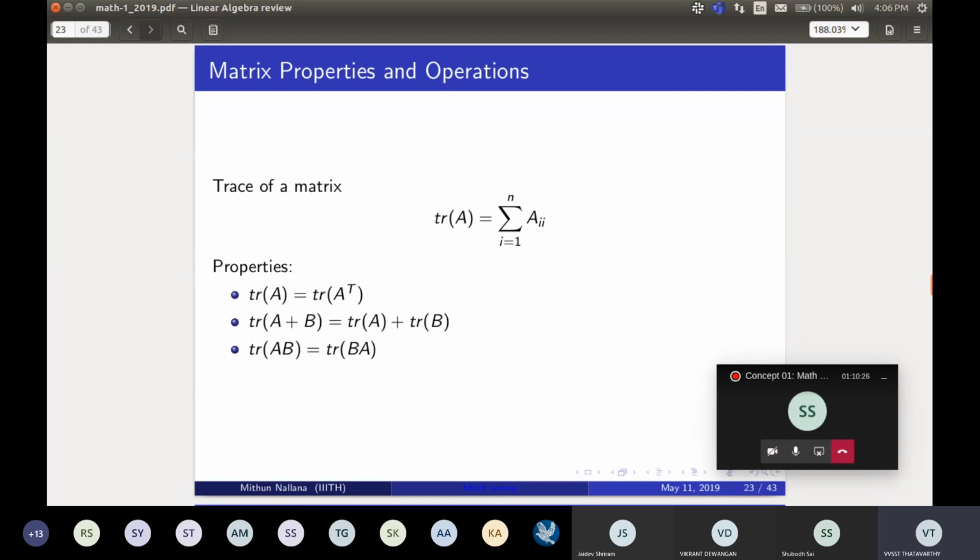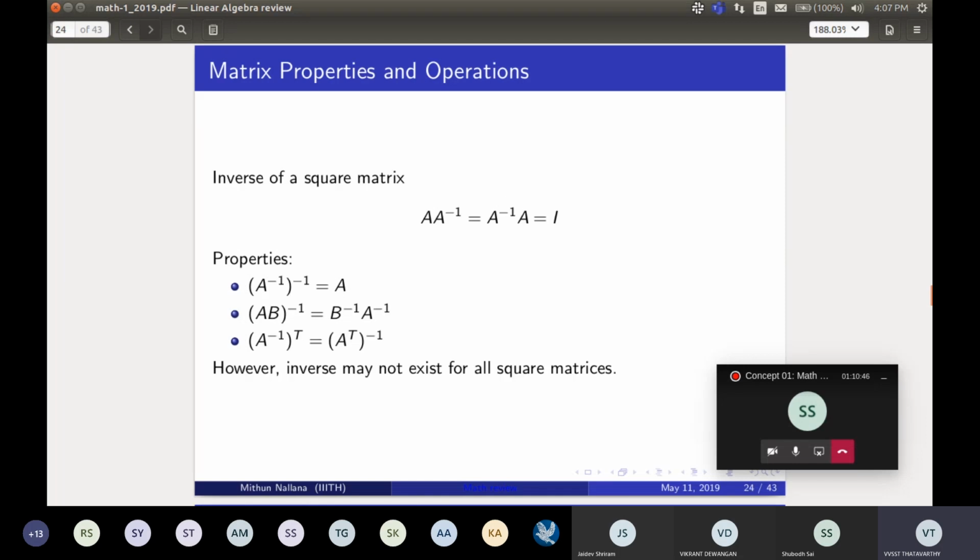Interestingly, this trace satisfies three properties. If you take A transpose also, you get the same trace, and you can sum up individual traces. And one more thing is that if you take a product of two matrices, their traces are equal irrespective of the order of multiplication. So this is one of the other properties that we can think of.